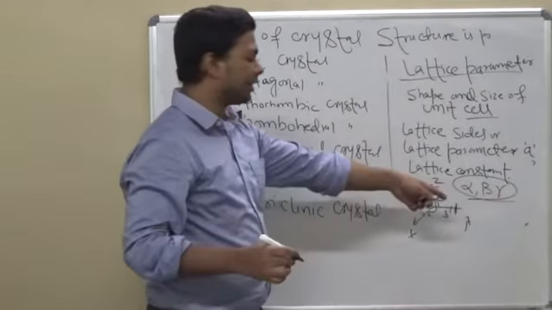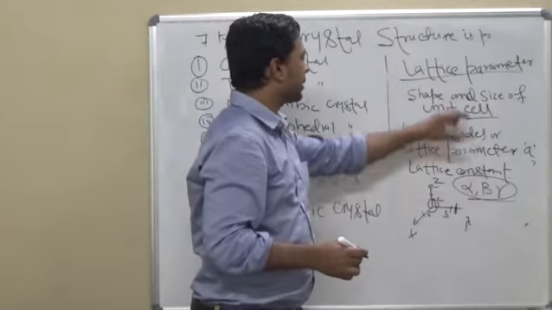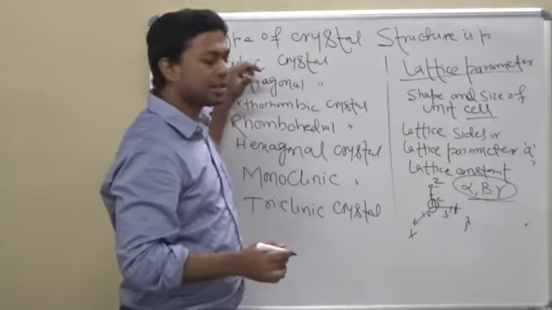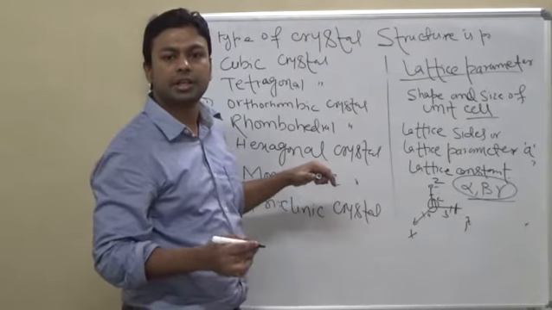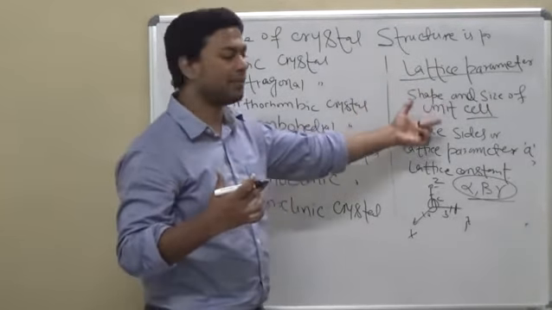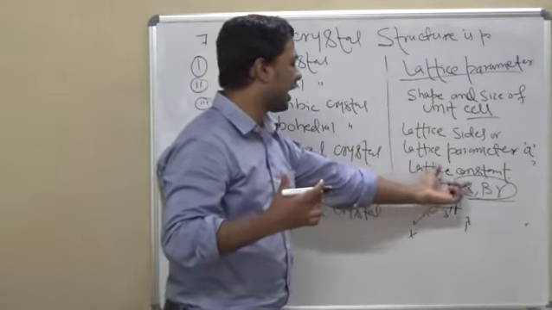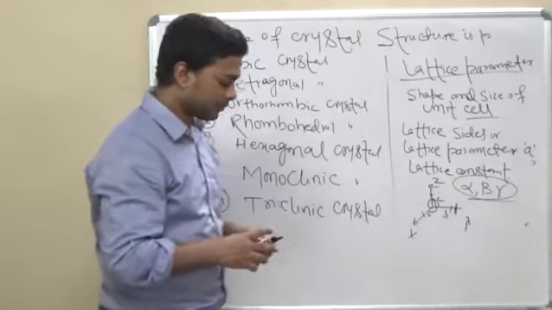If it is cubic, all three angles will be equal. So for defining cubic, tetragonal, all these, we want something to describe this. That is lattice parameter. These two are lattice parameters: these angles and this lattice constant.